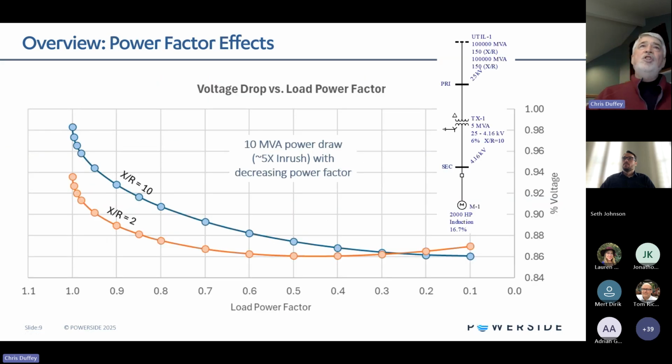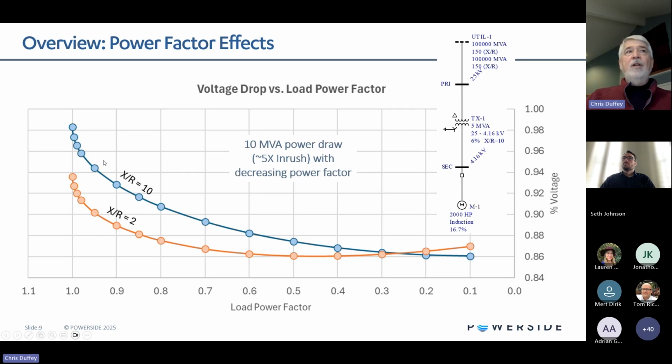And how about some other effects showing how they actually behave on a system? For instance, if you had a 10 MVA power draw and you change the power factor on this system. Here we have a 5 MVA transformer. Its X over R is 10 in this case, and I've plotted two cases where the X over R is 10 and 2. You can see that it makes sense, right?